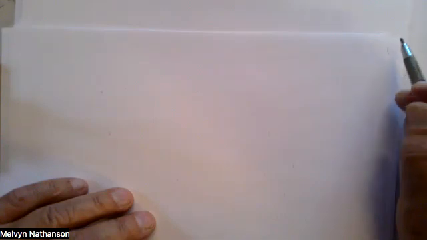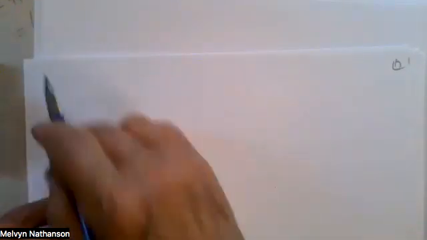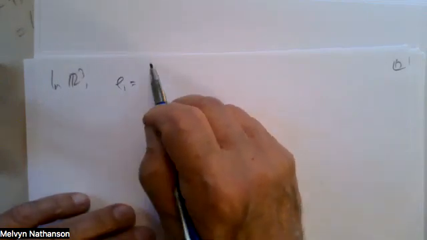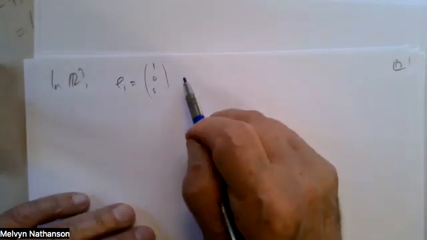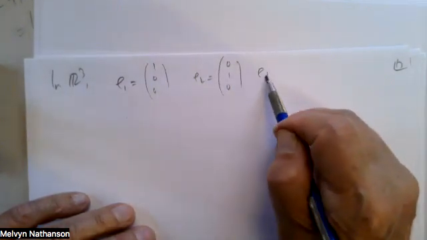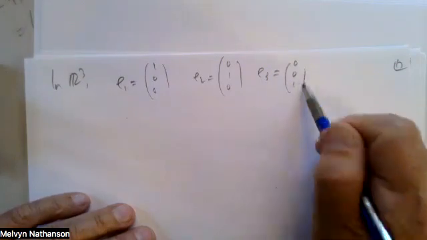Let's look at a very nice example. So in R3, suppose I let E1 be (1, 0, 0), E2 be (0, 1, 0), and E3 be (0, 0, 1).